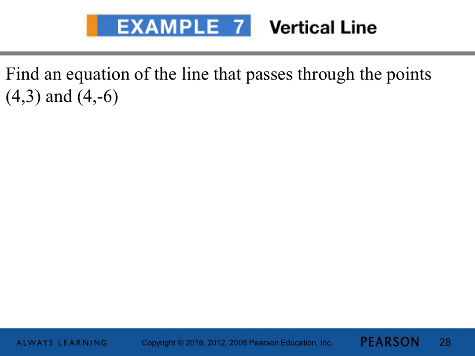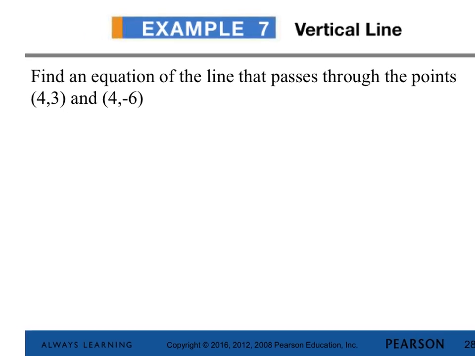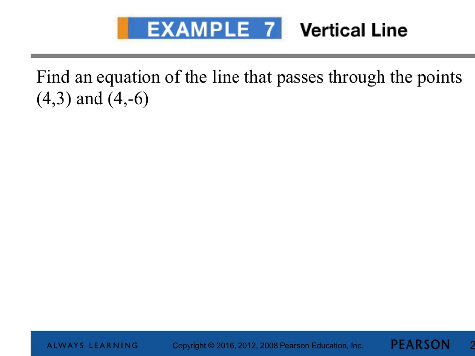This is an example of finding an equation that actually turns out to be a vertical line. We'll follow the same process. y equals mx plus b. First thing we need to do is find m. Use either point you want to be the first one.